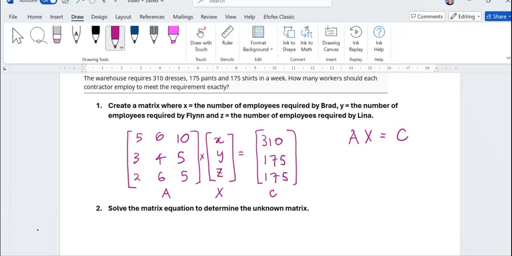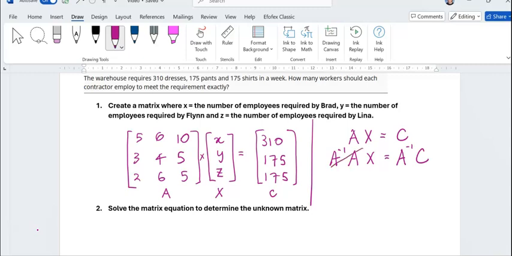So if I pre-multiply by the inverse of matrix A on both sides of that equation, I'll effectively cancel out matrix A on the left-hand side, and I'll be left with matrix X, which is what I want to happen. So to put that into writing, the inverse of matrix A pre-multiplied by matrix A and matrix X is equal to pre-multiplying by the inverse of matrix A by matrix C. So this is no different to what we've done previously.